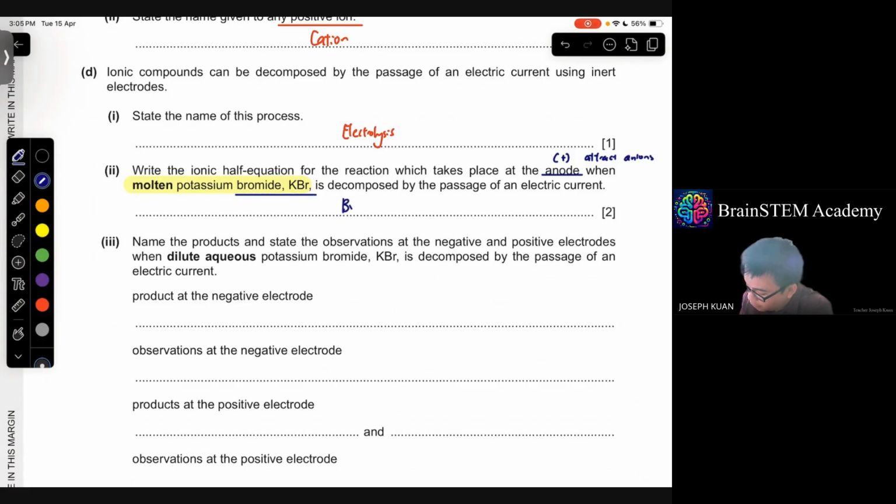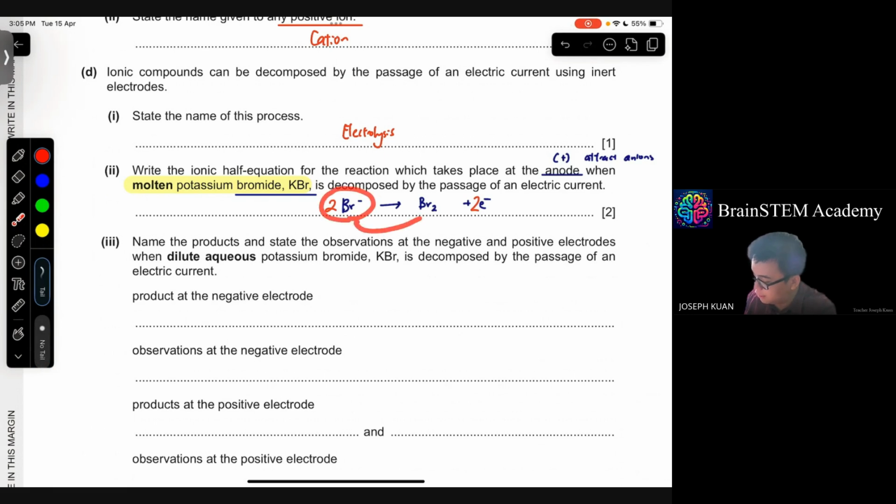This bromide ion will undergo oxidation at the anode, which means donation of electrons, and form a bromine molecule. To balance this equation, since there are two bromine atoms on the right-hand side, I put a 2 in front of Br minus and 2 electrons to show the 2 negatives turning into a neutral particle.